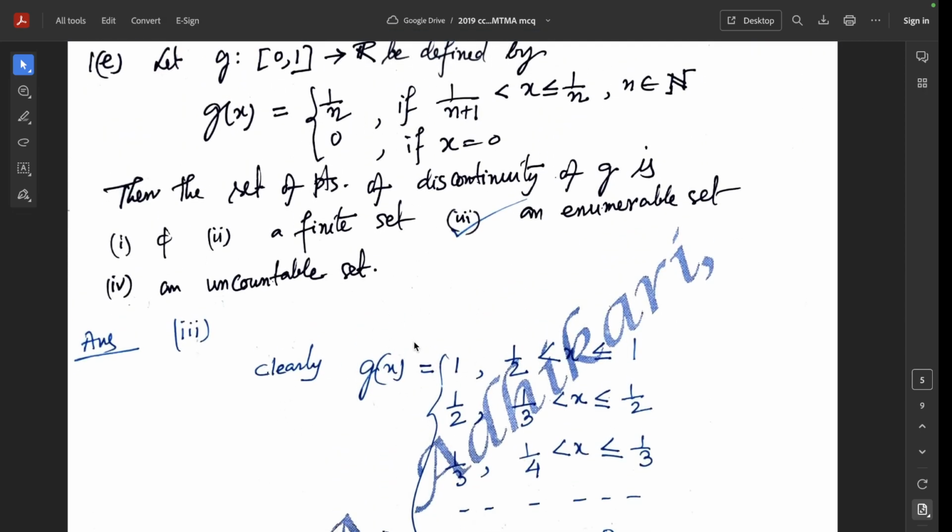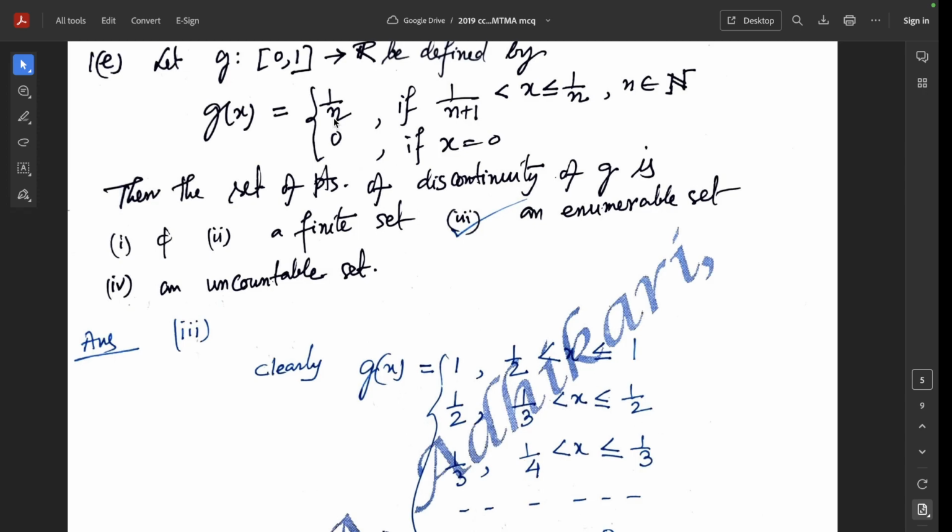Clearly, if we put n equal to 1, G(x) equals 1/1, that is 1, for 1/2, that is half, less than x less than or equal to 1. If we put n equal to 2, we get G(x) equal to 1/2, and the range is 1/3 less than x less than or equal to half.